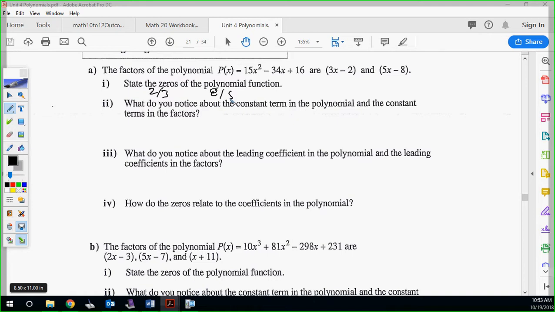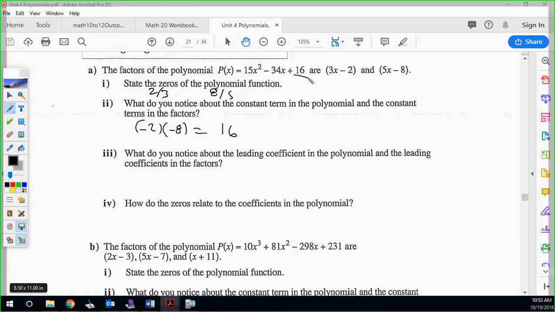So -2 times -8 still gets me the 16, right? What do you notice about the leading coefficients of the factors? 3 times 5 gets me the 15. So we have that game with both situations now.